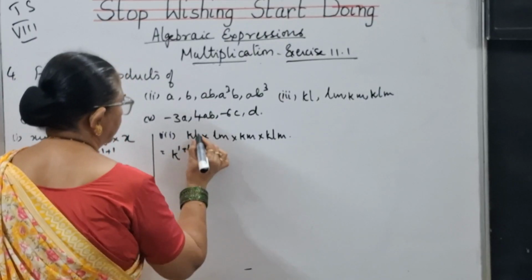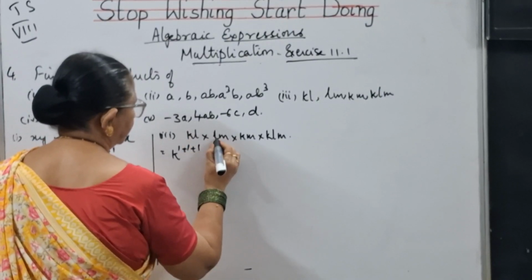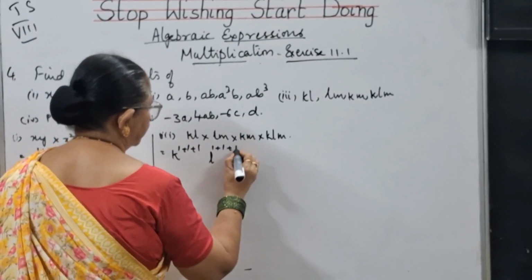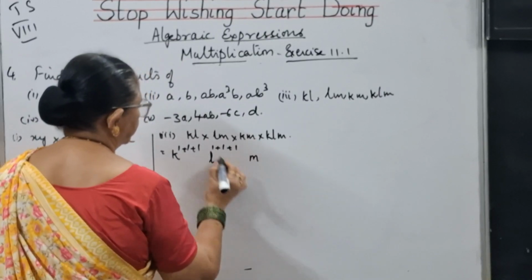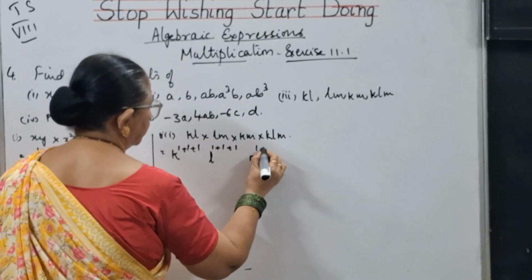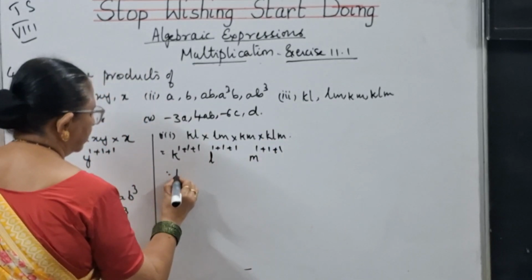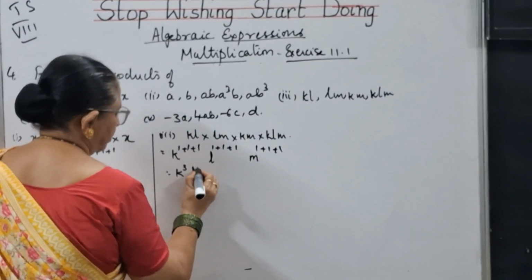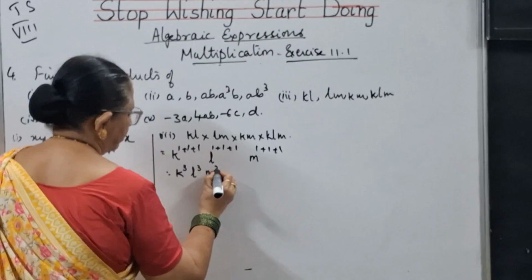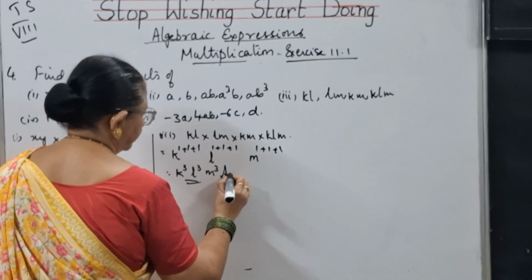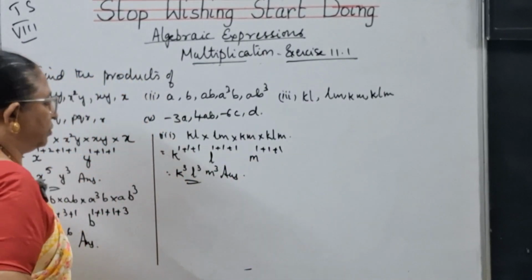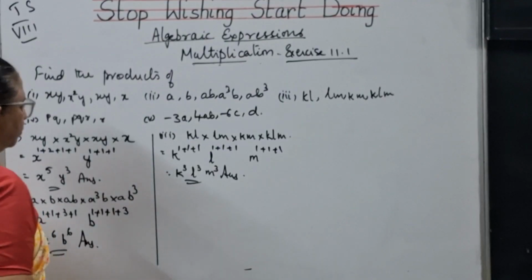And l: 1 plus 1 plus 1. Then m: 1 plus 1 plus 1. That is k cube, l cube, m cube. This is the answer, children, when you are multiplying. Now the fourth one.